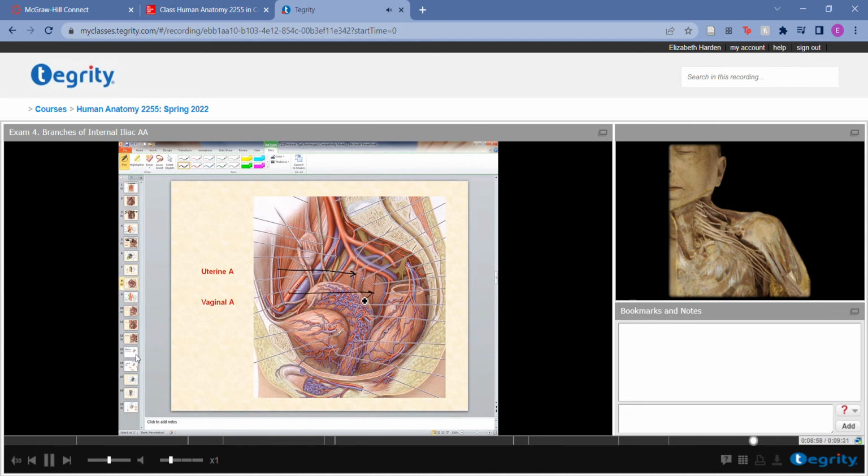Again, it can come directly off the internal iliac, or probably most often it comes off of the uterine artery itself. I would take either answer on it, but the important thing is that it's going to be supplying the vagina, and we know that the vagina is going to be inferior to the uterus. So you can see these are highly vascularized areas, which of course makes sense.